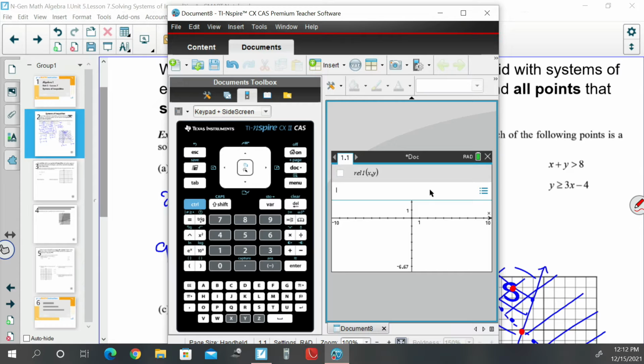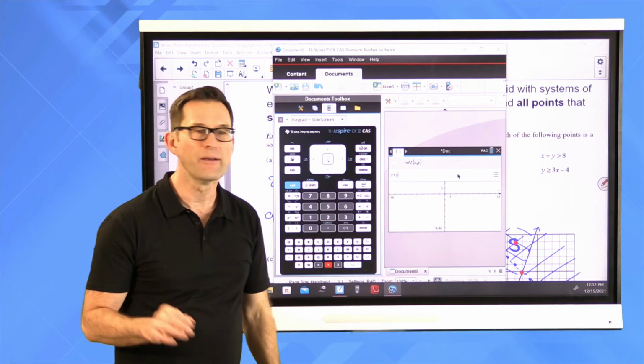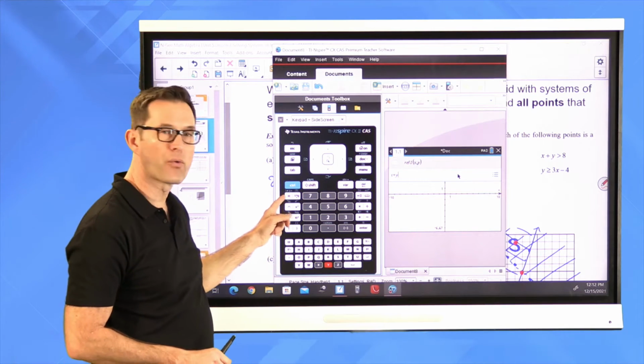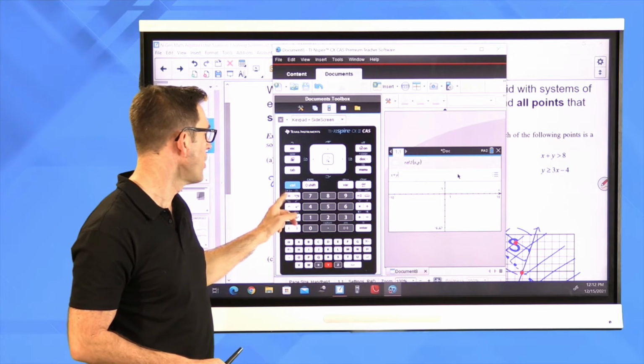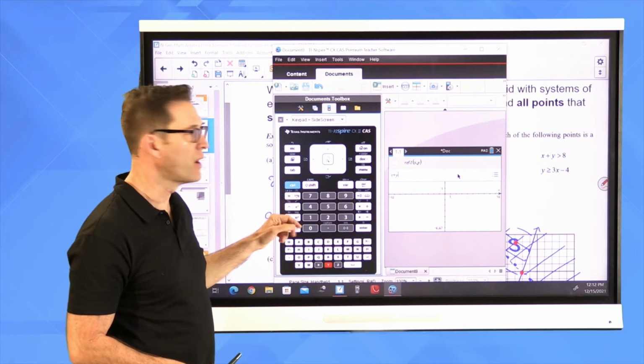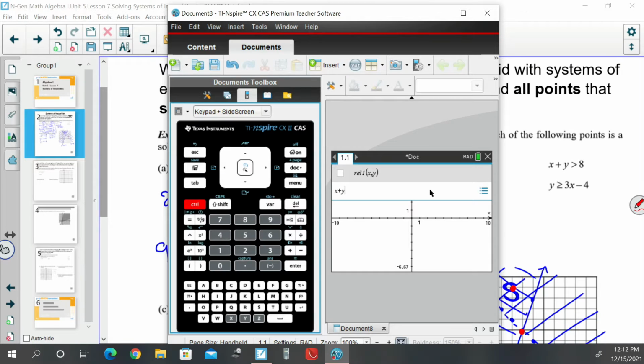Relationship number one, x plus y. Now, how do I get that greater than 8, right? Well, this is going to be hard for you to see, but right above the equal sign on the TI-Nspire in a little blue symbol, you see a not equal sign and a greater than or equal sign. If I hit Control equals, then it pulls up all of those inequality symbols, and I just want greater than 8.